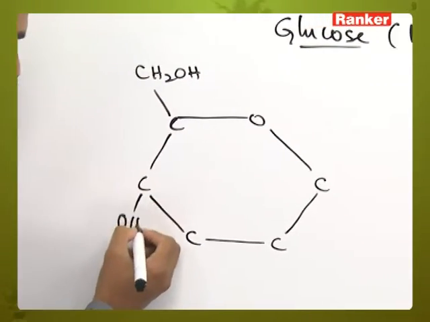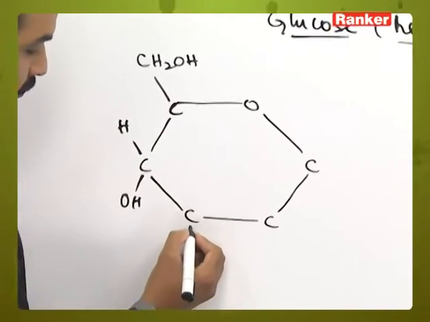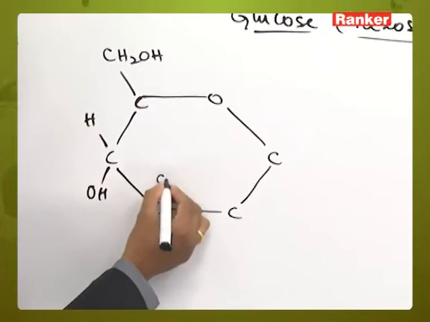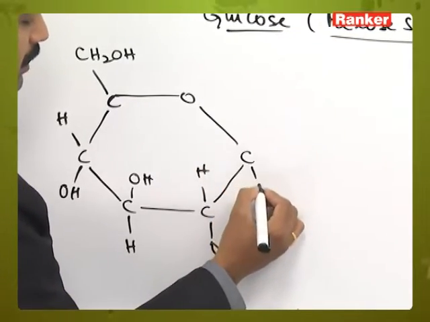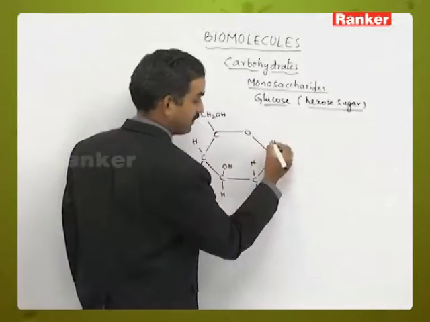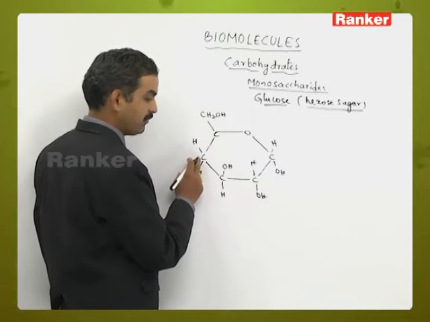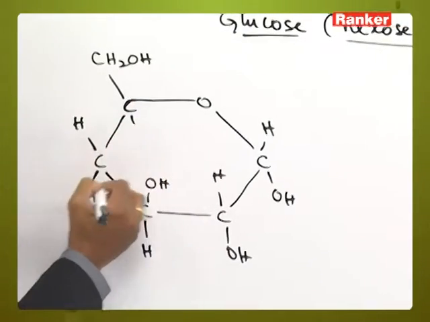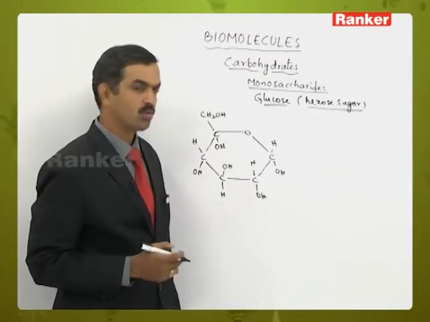So this contains OH, H, H, OH, OH, H group, OH group and the H group. This is the organization that we can see in the glucose molecule.